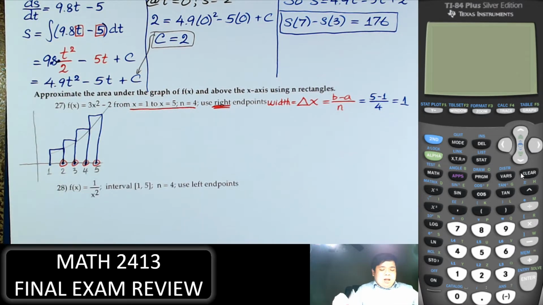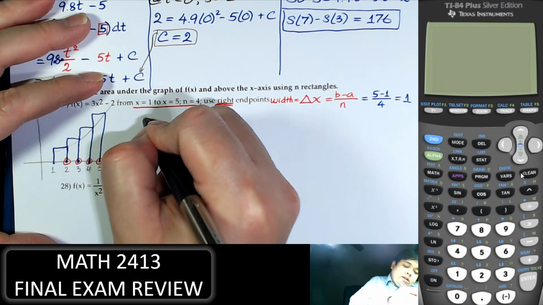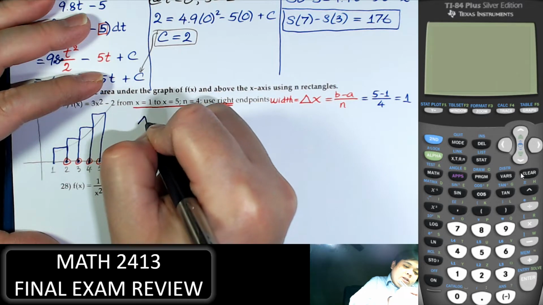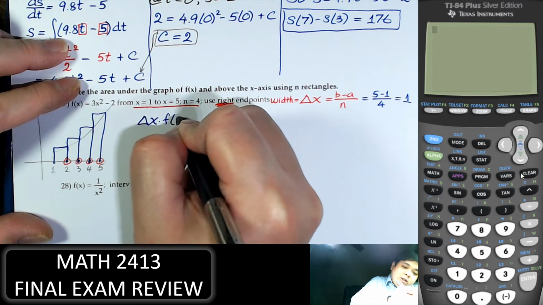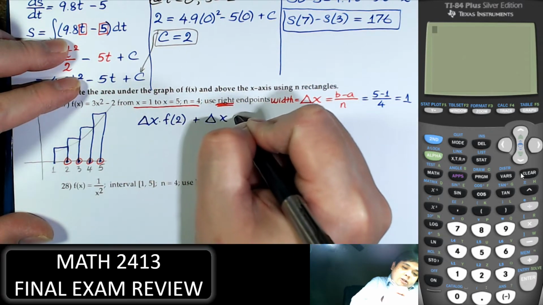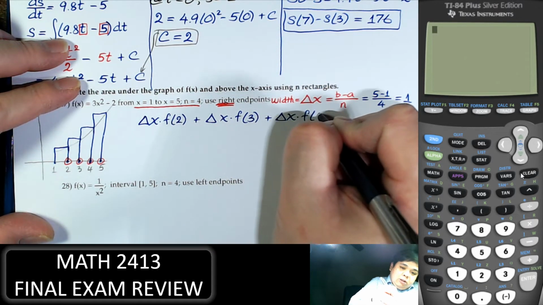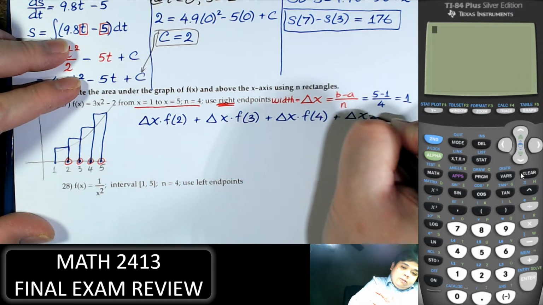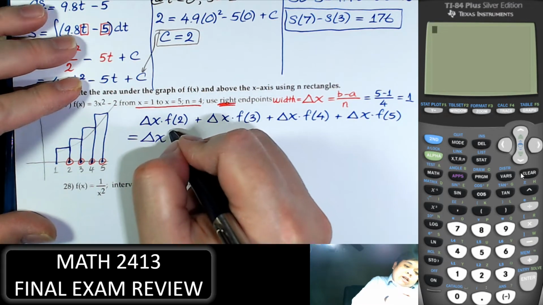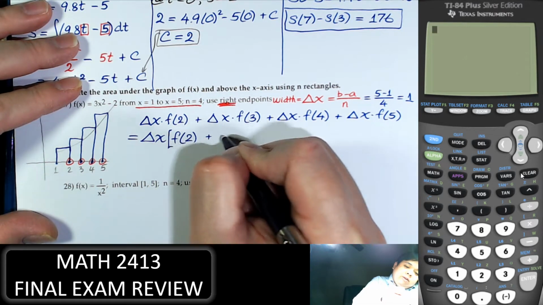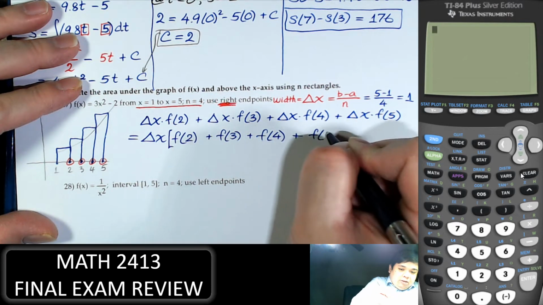Right, so each rectangle is the width times the height based on those points. Factor out the delta x, which is 1 by the way, and we have f of 2, f of 3, f of 4, f of 5.